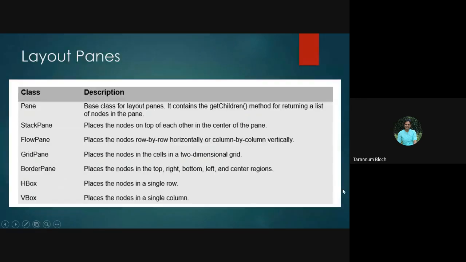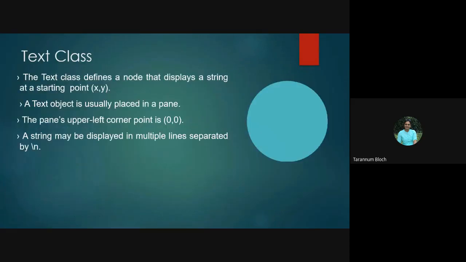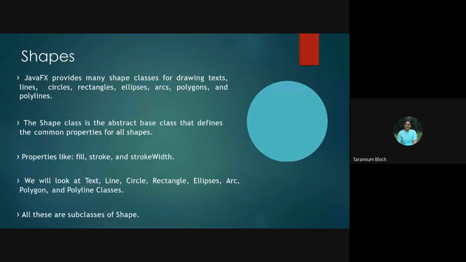And along with that, we discussed the Shape class, and we said Shape is a base class which defines all the common properties, and we said fill, stroke, and stroke width are the common properties. And then we said from the Shape class, we have the child classes. Various child classes are there, and these child classes are inheriting all the properties of the base class Shape.